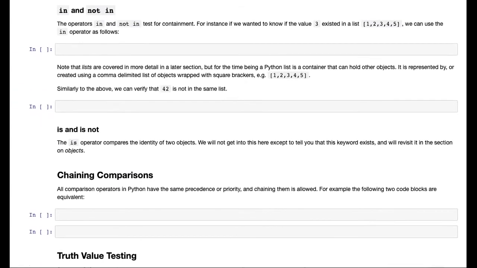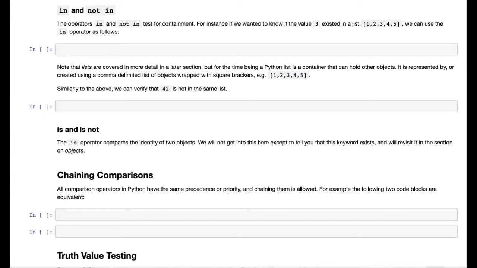There are two other operators that I'd like to quickly introduce, and those are in and is, each of which can be coupled with the operator not that we just saw above. The operator in tests for containment, meaning that if I have an object that contains other objects, for instance, a list of integers, the in operator will allow us to test if a specific integer exists within that list.